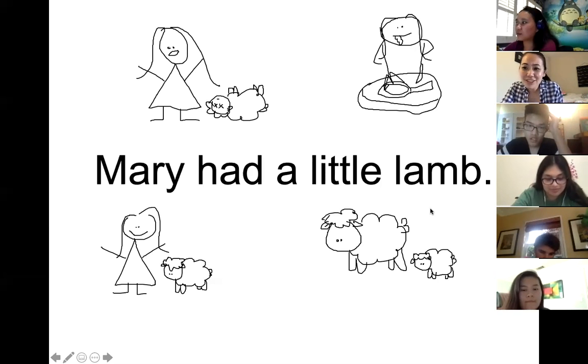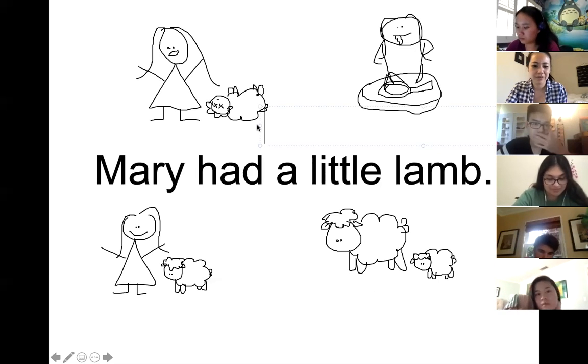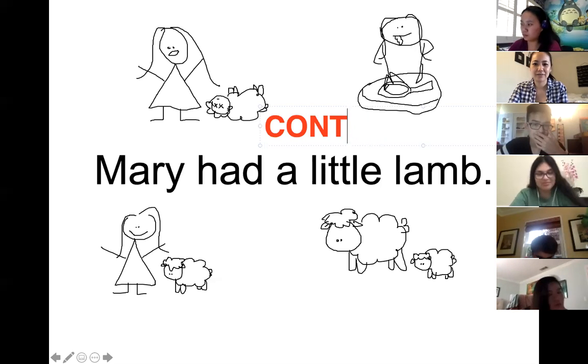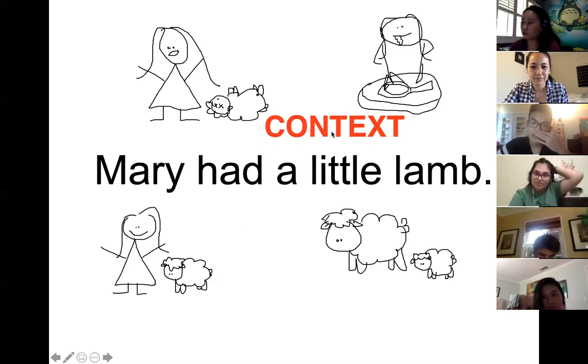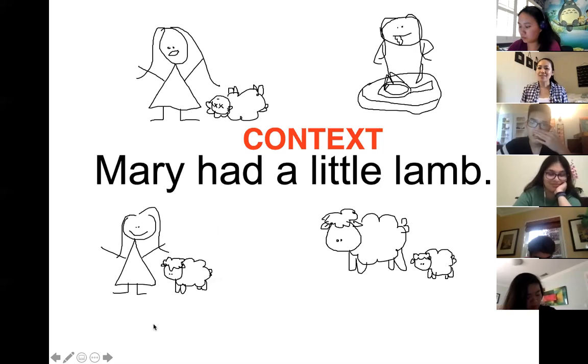So this is just to show you guys how important, let me put this in red and make the font very big. This is just to illustrate to you guys the importance of context. Okay, the importance of context. Because without context, you are able to interpret the sentence however you want.